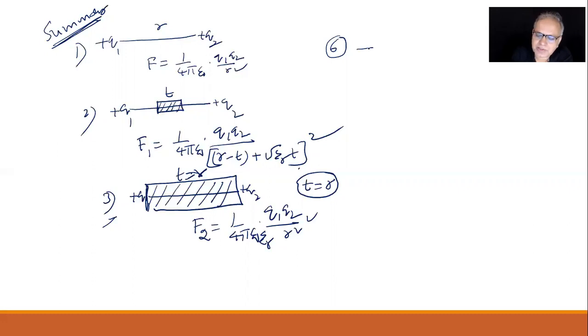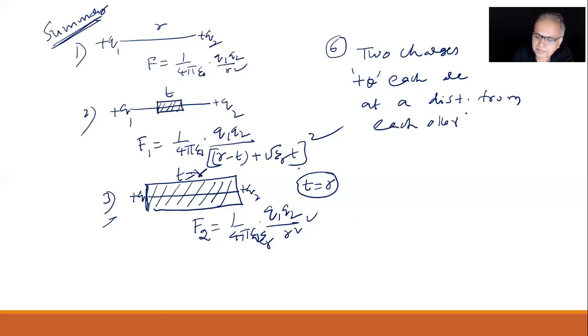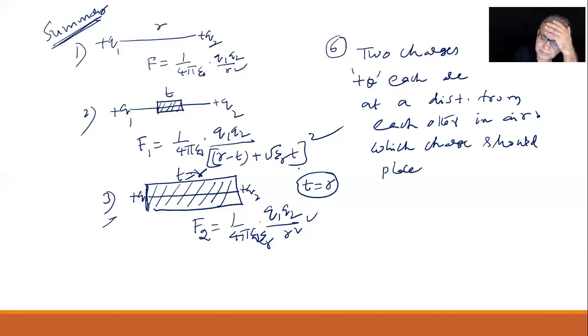Two charges plus q each are at a distance from each other in air. I'll write this way first of all.